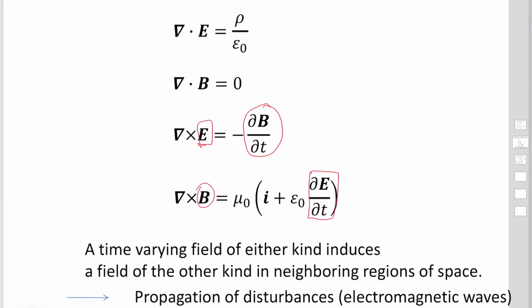From these equations, you can imagine the propagation of a disturbance. This is electromagnetic waves, which we are going to study in the next lectures.